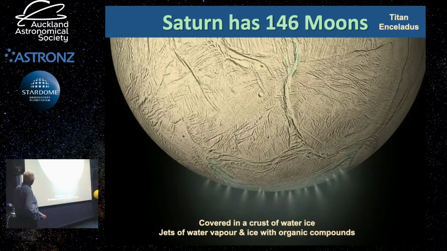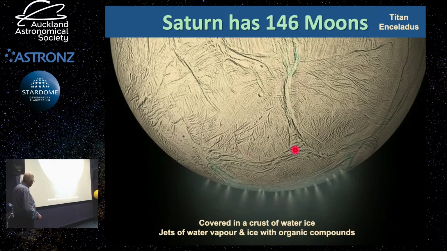The other one I wanted to highlight was Enceladus, another interesting moon of the solar system that belongs to Saturn. And just like Europa, it's covered in a crust of water ice. You see all these, they call them tiger stripes, all these ridges and cracks through here. Once again, that is evidence there's most likely a subsurface ocean underneath. I think it's salt water.